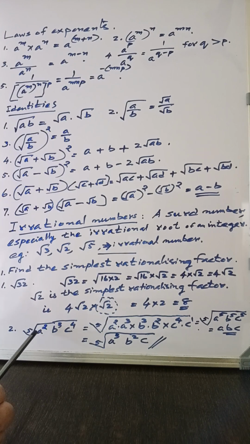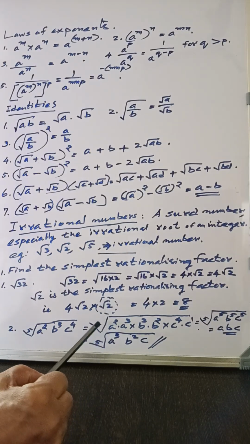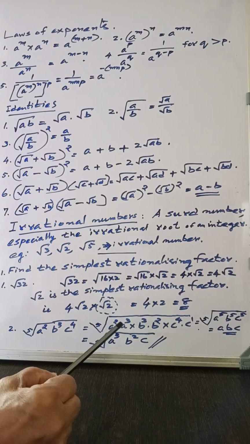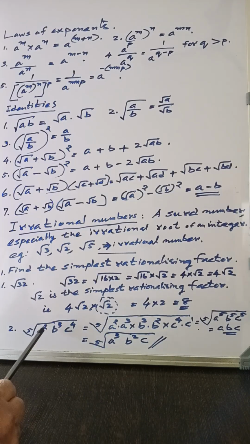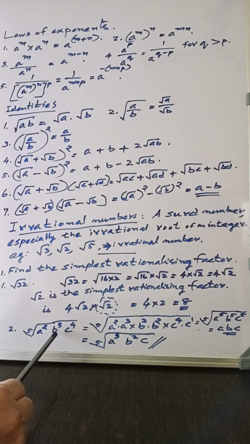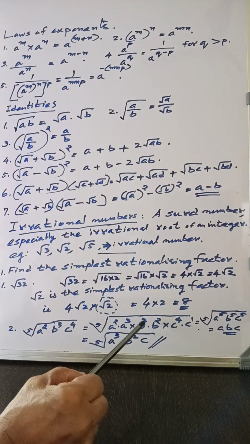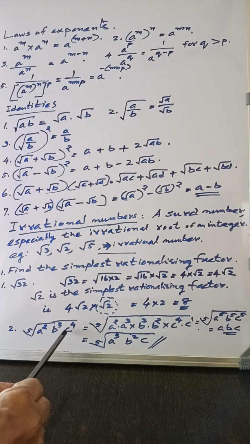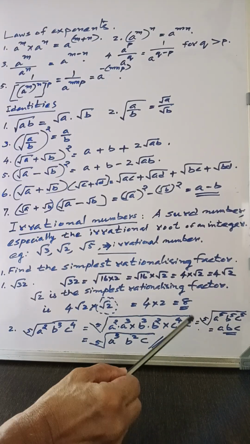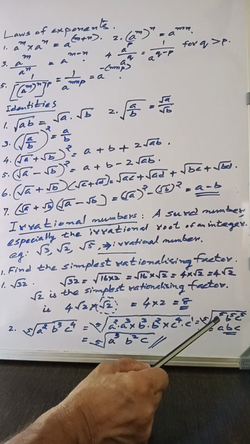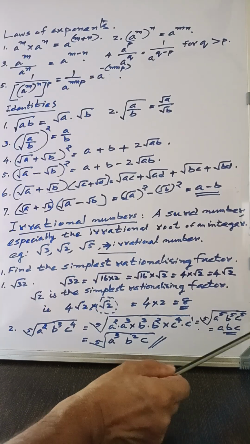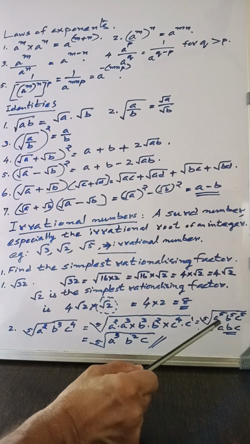A raised to 2 into a raised to 3 gives a raised to 2 plus 3, a raised to 5. Next, b raised to 3 into b raised to 2, b raised to 5. C raised to 4 into c raised to 1. That gives fifth root of a raised to 5 into b raised to 5 into c raised to 5.